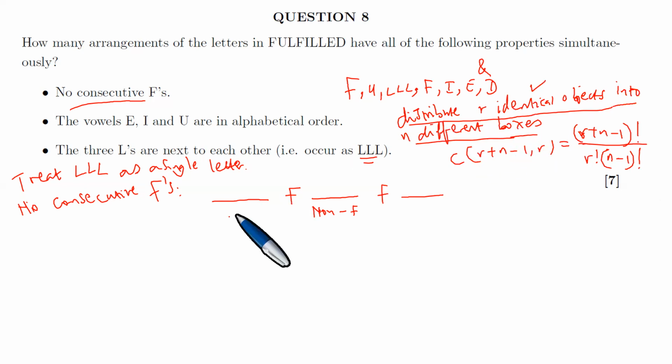And then I'm going to look at distinct objects. If you distribute distinct objects, what is the formula?